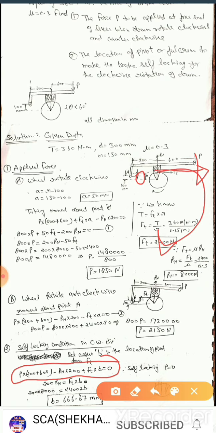In the self-locking condition, as we discussed, P is equal to 0. No applied pressure force is required to develop braking. So P is equal to 0.